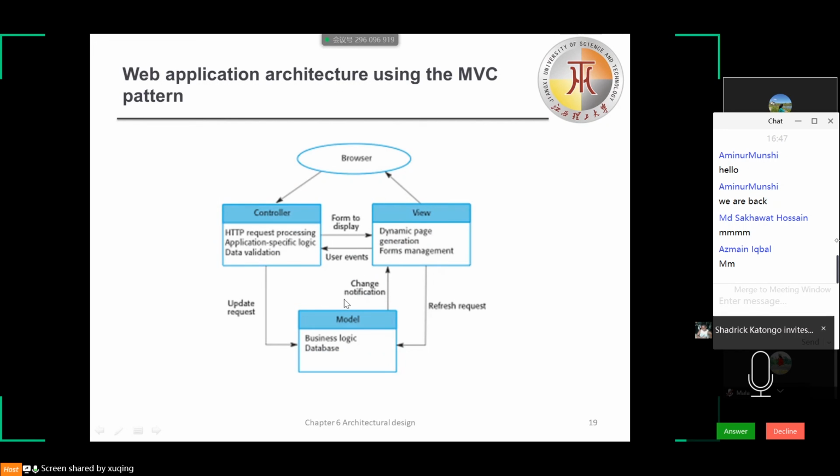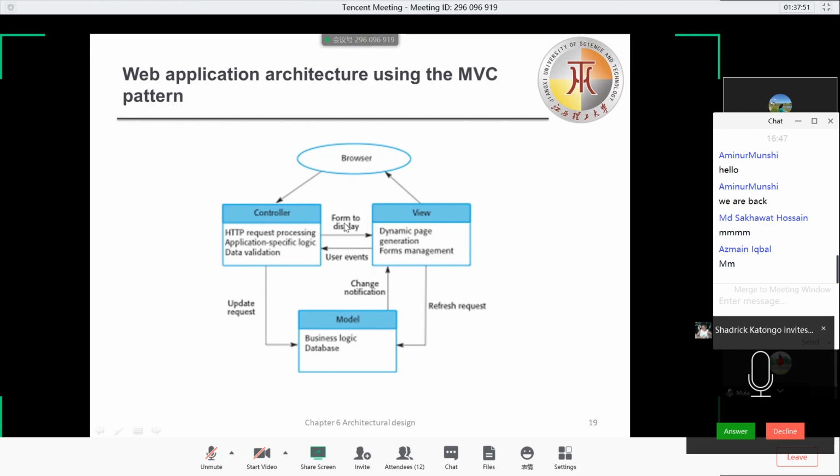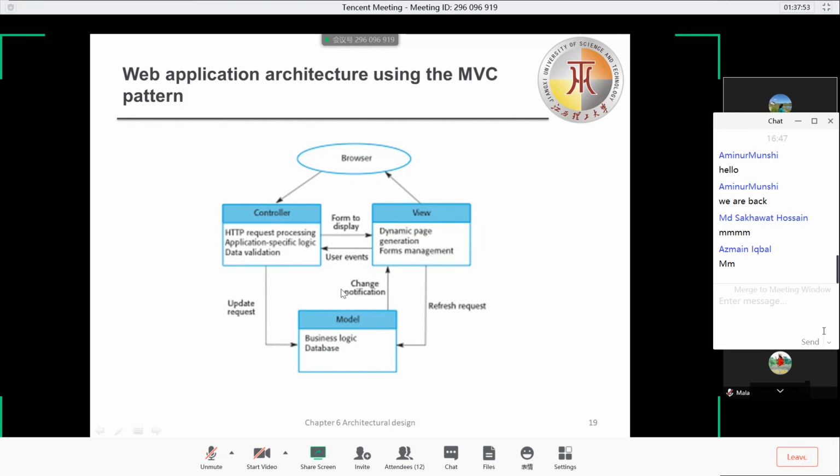This figure shows the architecture of a web-based application system organized using the model view controller pattern. We have the browser, then the controller, view, and model.